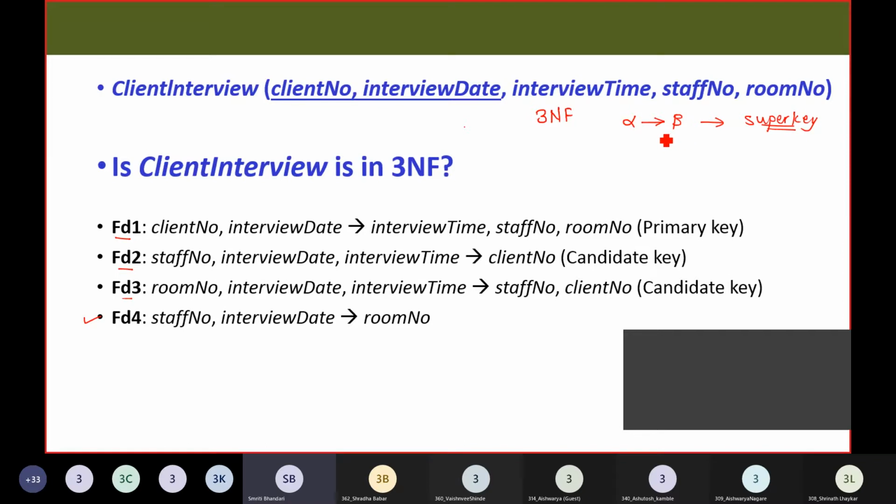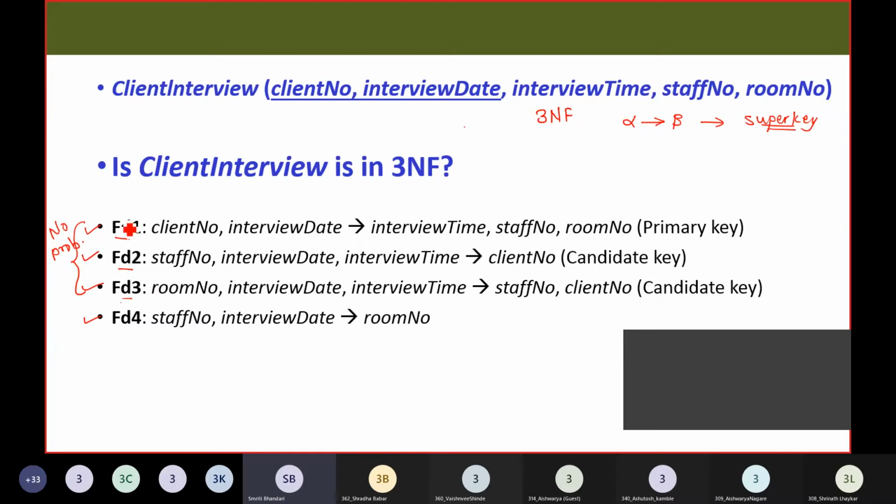Definitely the relation would be in 3NF. So these first three dependencies are candidate keys. If the determinant is a candidate key for the relation, there will not be any problem; the relation is always in 3NF.